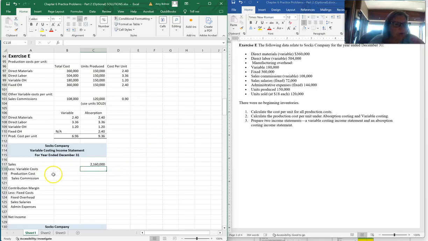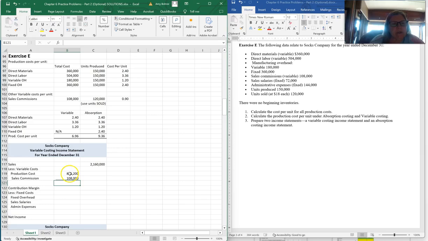Under the variable costing, we have production costs of 120,000 units sold times production costs of $6.96. And then we have sales commissions of 108.